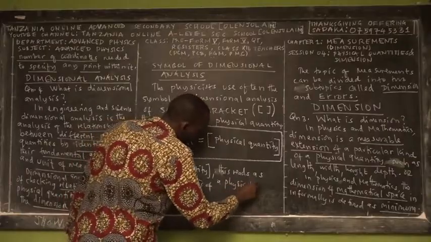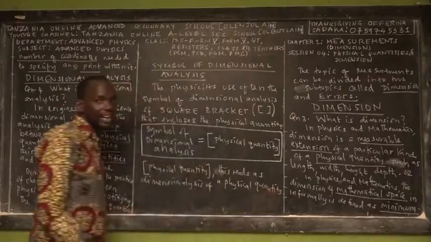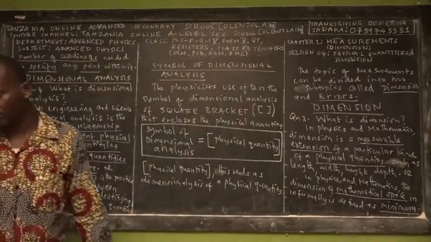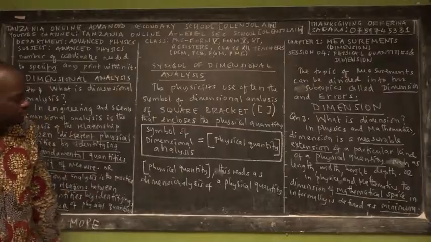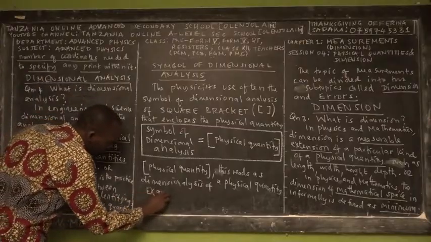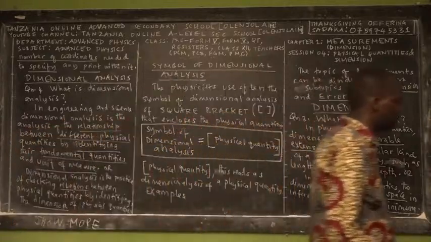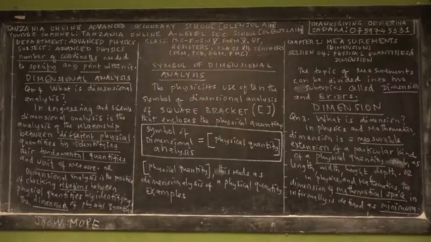If you find a group of physical quantities, then you have to use a square bracket for each physical quantity. Examples of use of the symbol of dimensional analysis.